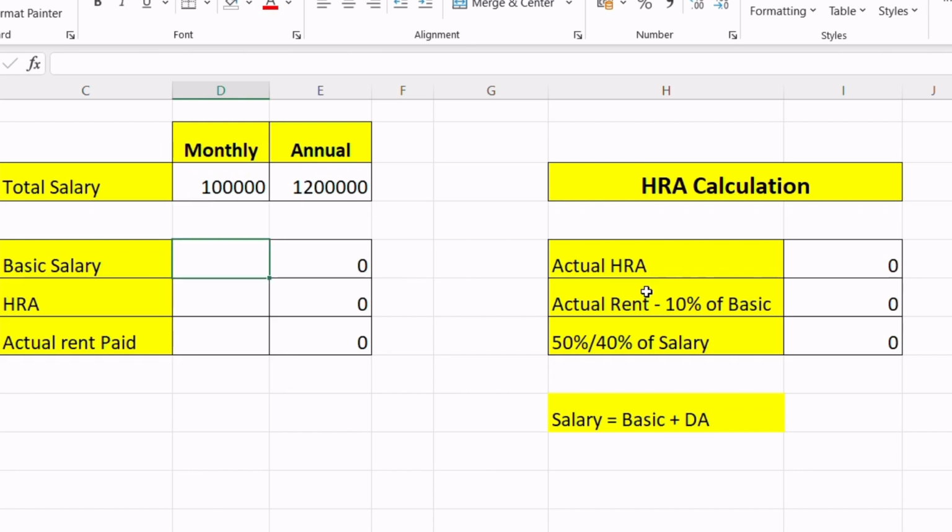So in this example, assuming that his basic is 50,000, HRA becomes the difference of total salary and basic, which in this case is 50,000 only. We also assume that he lives on rent and pays a rent of 30,000 per month.